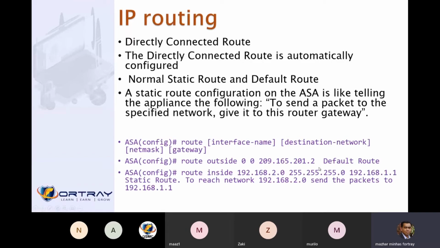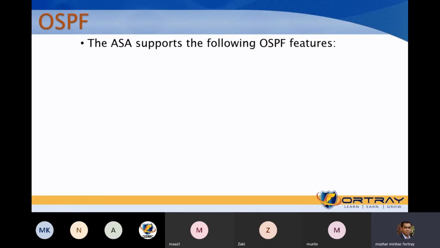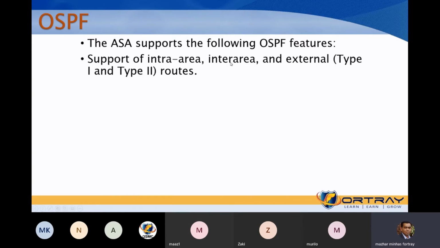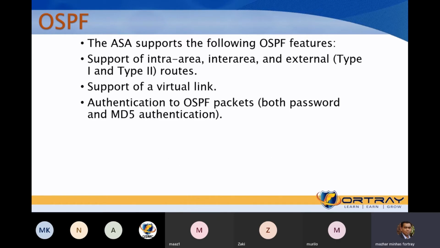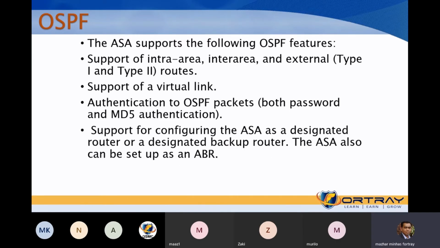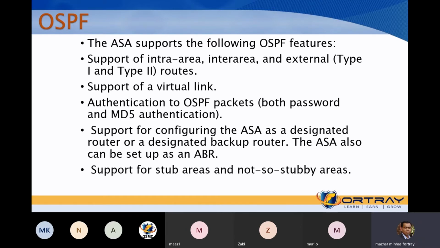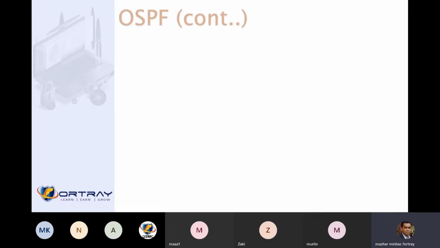For example, you can use route inside with the subnet mask and next hop IP, and you can try to ping that as well. Cisco supports the OSPF feature as well, supporting intra and inter area and external types, virtual links, and authentication. You can configure the ASA as a designated router, and it supports stub area and not so stubby area.